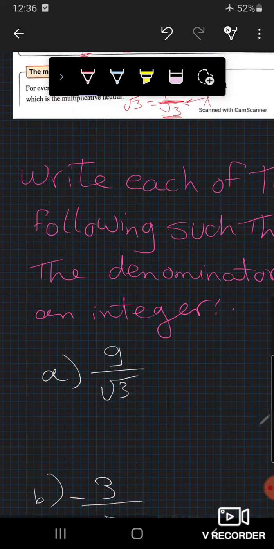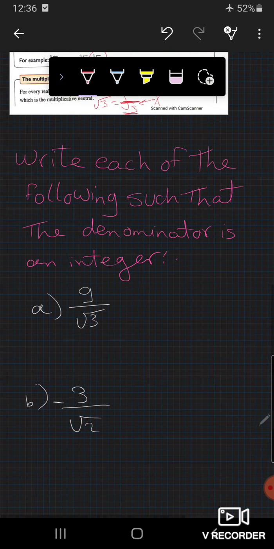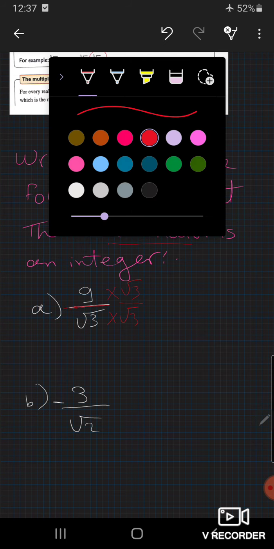Let's see. Here: write each of the following such that the denominator is an integer. Here you have 9 over square root 3. I can't keep the square root in the denominator. So I multiply by square root 3 up and down, because square root 3 over square root 3 is 1, so it doesn't change anything in this example.